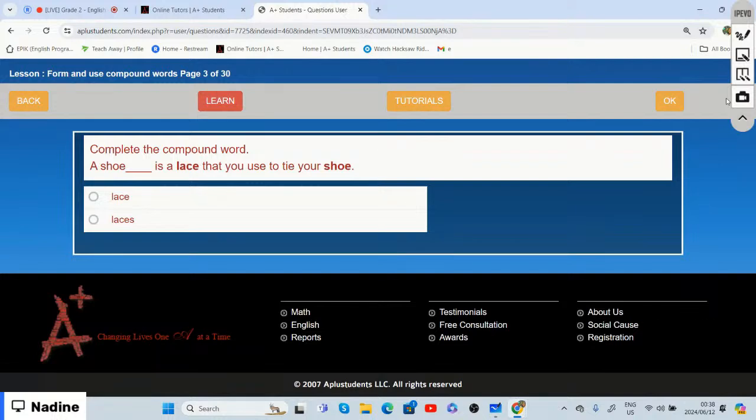All right, the next one. We have a shoe. A shoe is a lace that you use to tie your shoe. Look at those two words in bold, which is lace plus shoe.